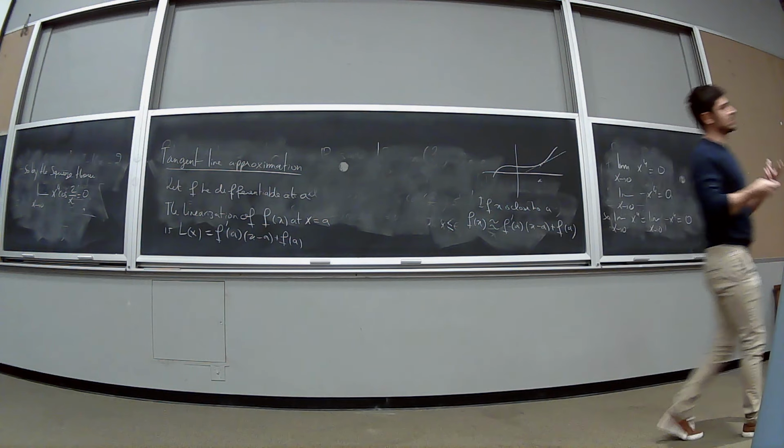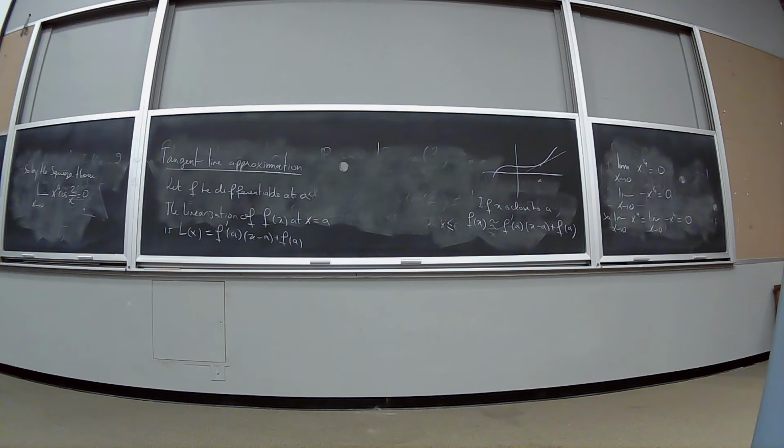Notice that if x is close to A, then the graph of f and the graph of the tangent line are very close, right? You see this? So the tangent line is a good approximation of f when x is close to A. Okay? And why is it called linearization? Because the tangent line is a line, right? That's a linear function. That's it. Okay? Let's do an example.